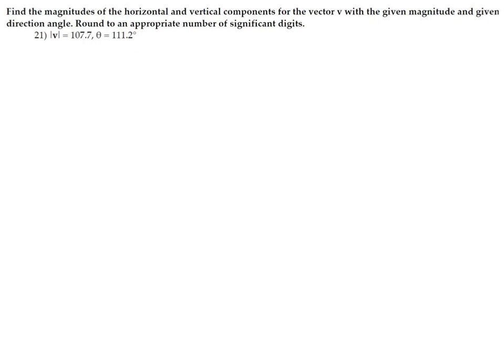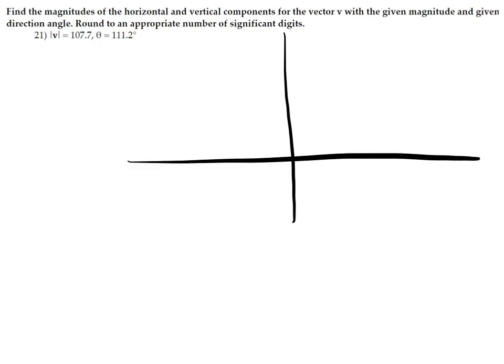Now, we have the magnitude of the vector, so this is how long the vector is, and we have the angle of the vector. So we could actually sketch this vector. 111 degrees, about there. This is v. So we have 111 degrees, and we have the length of this vector being 107.7.